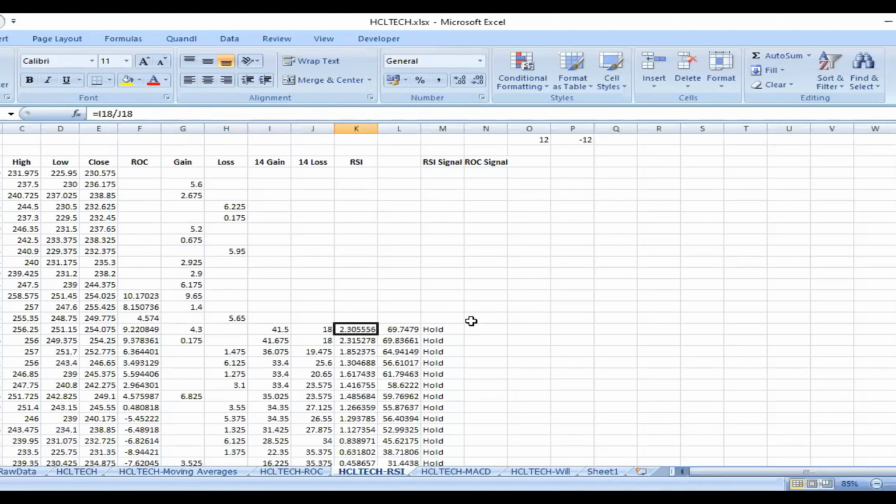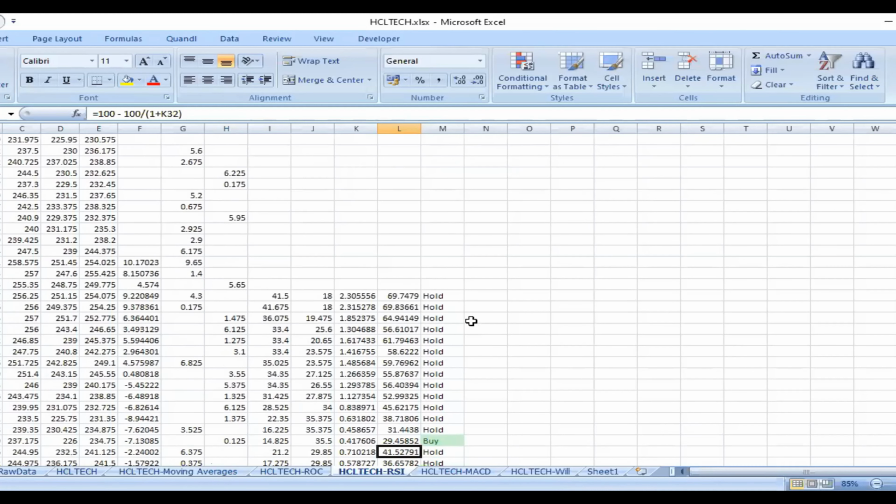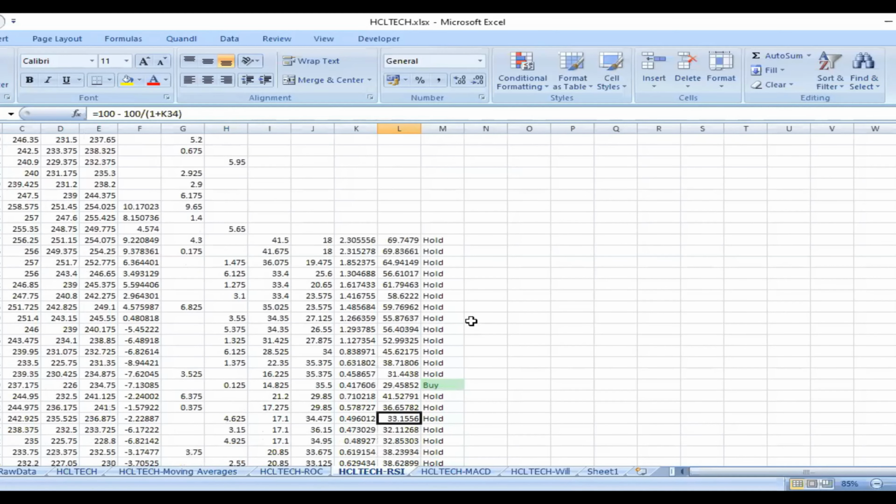It gives 2.3. And then the RSI signal says 70, which means your oscillator will show a number 70 in there, which means it is in the overpriced zone. If you see it is coming down, coming down, coming down, at 29 it has been suggested to buy.